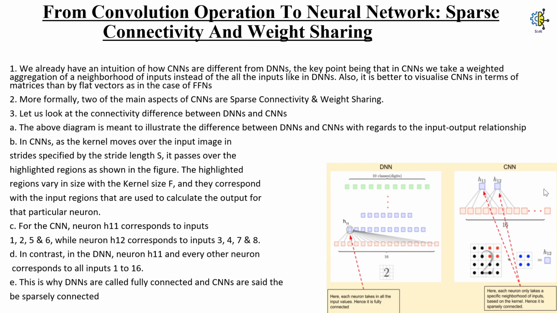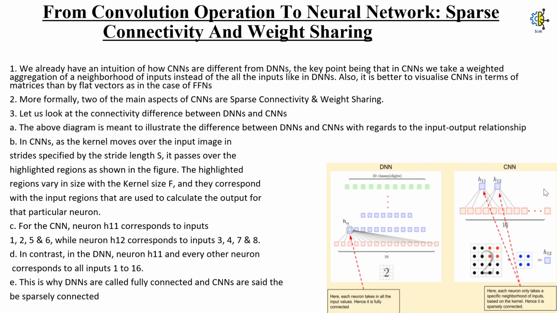Let us look at the connectivity difference between DNNs and CNNs. The above diagram is meant to illustrate the difference between DNNs and CNNs with regards to the input-output relationship. In CNNs, as the kernel moves over the input image in strides specified by the stride length S, it passes over the highlighted regions as shown in the figure. The highlighted regions vary in size with a kernel size F, and they correspond with the input regions that are used to calculate the output for that particular neuron.